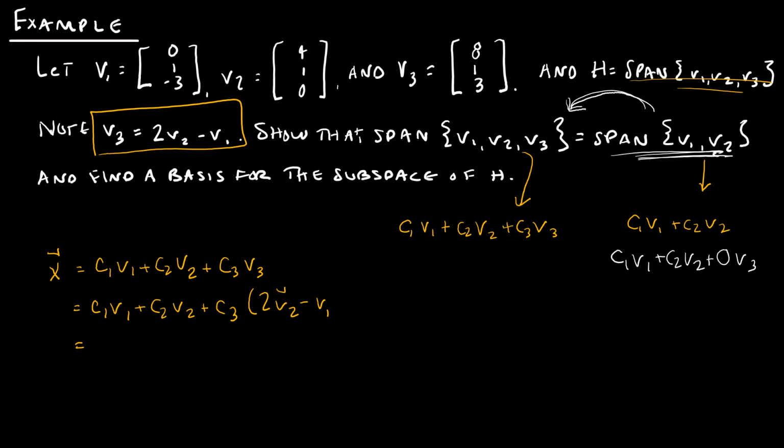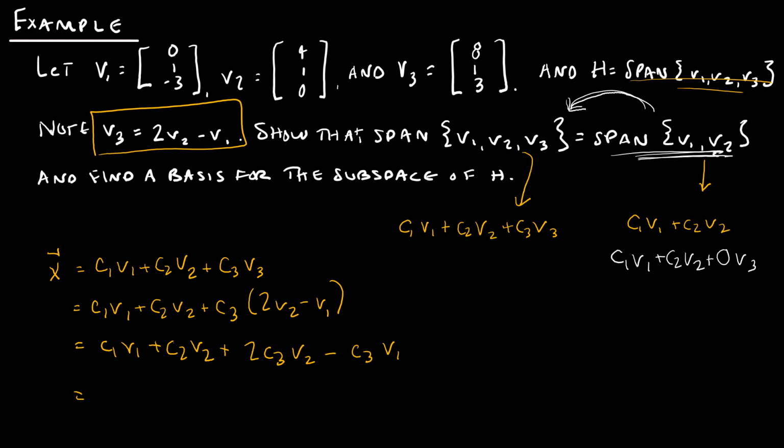Do you like how sometimes I put the vector sign on top and sometimes I don't? Let's just take it off for clarity. So continuing down this path, I've got c1 v1 plus c2 v2 plus 2c3 v2 minus c3 v1.